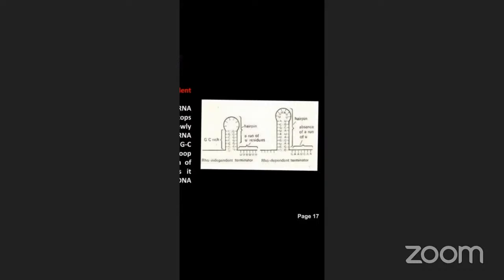Okay, so the translocation now occurs. The ribosome moves along the mRNA by a length of three nucleotides, so that the tRNA with the polypeptide in the A site is moved into the P site.